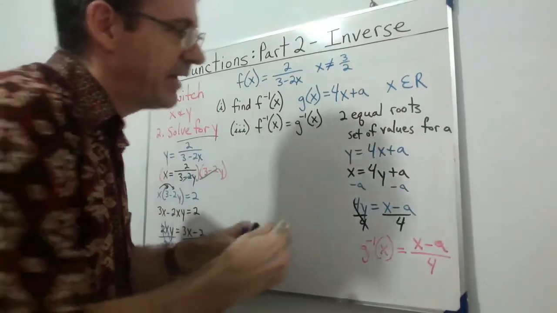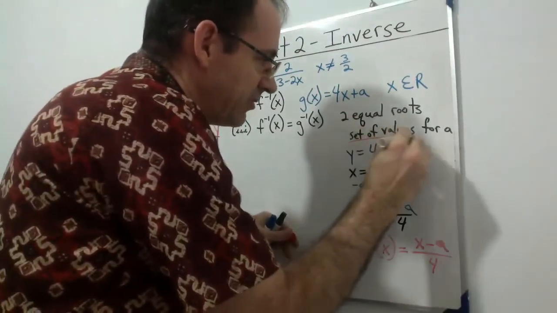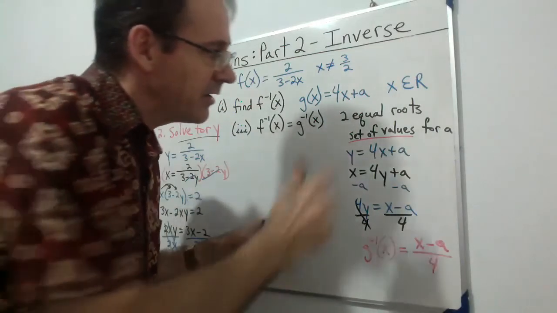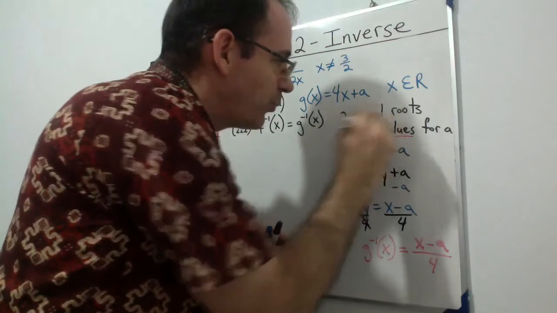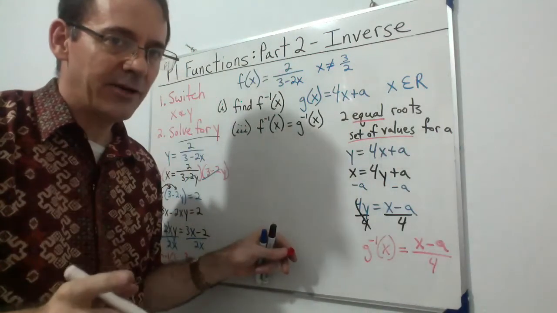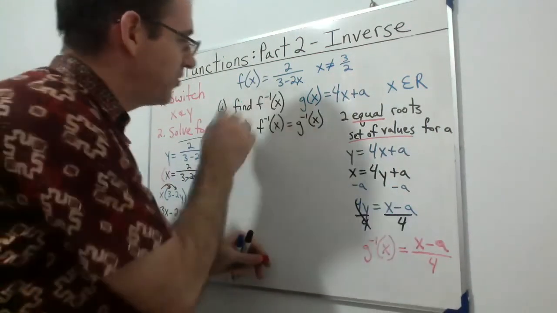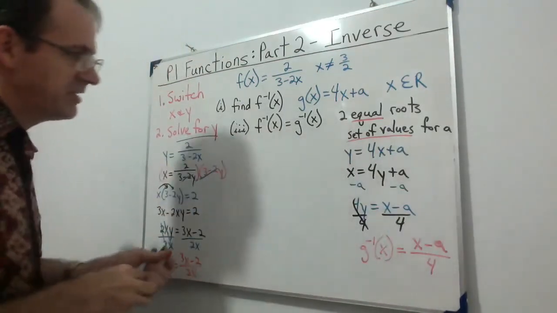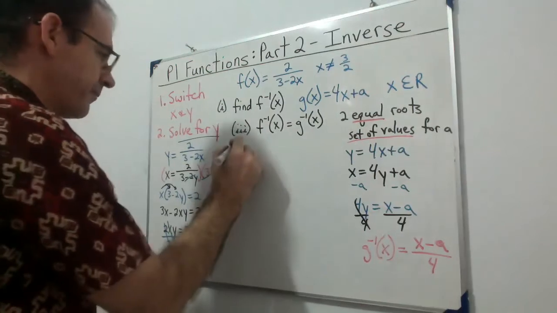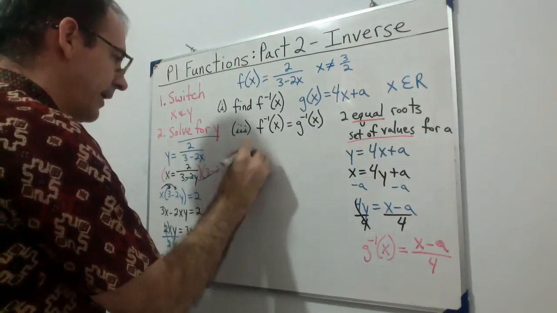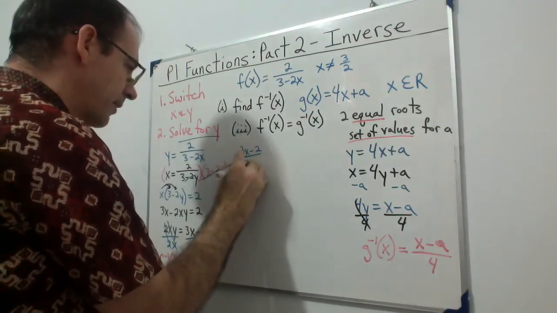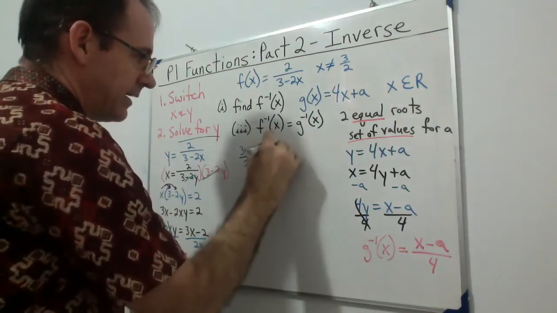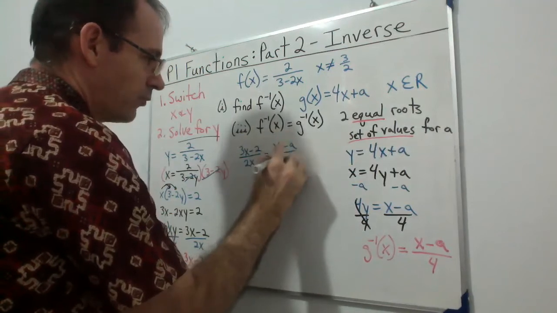Remember, set of values means that you're dealing with inequalities, and we have 2 equal roots. Now be careful. Hopefully what is coming to your mind here, when you set one equation to another, you're going to get 3x minus 2 over 2x equals x minus a over 4.